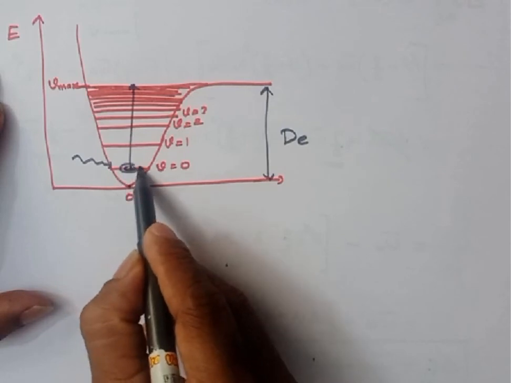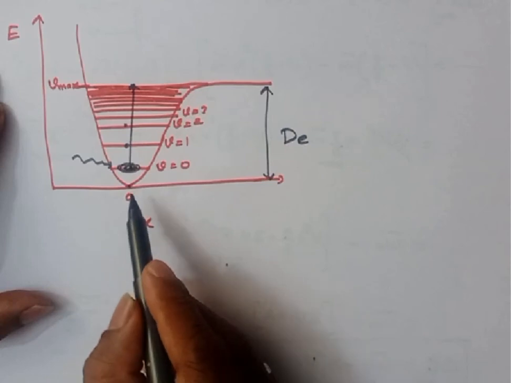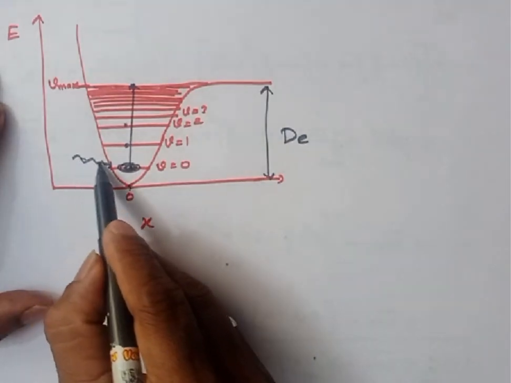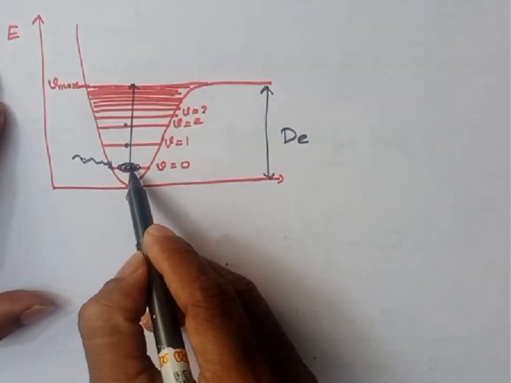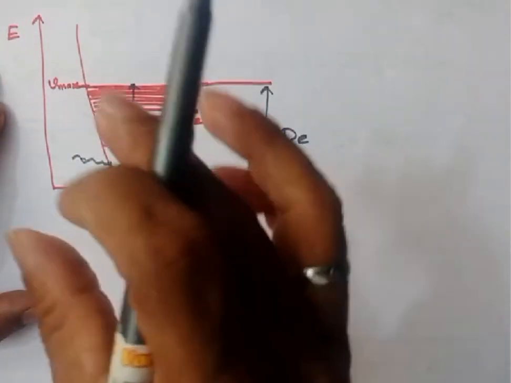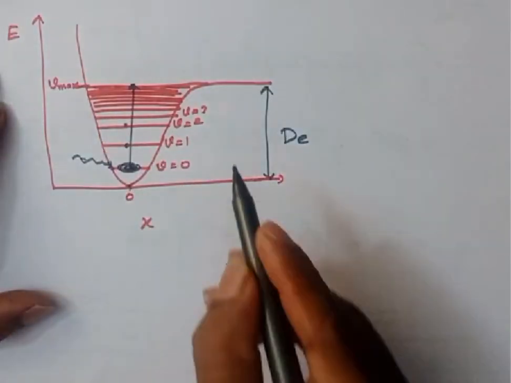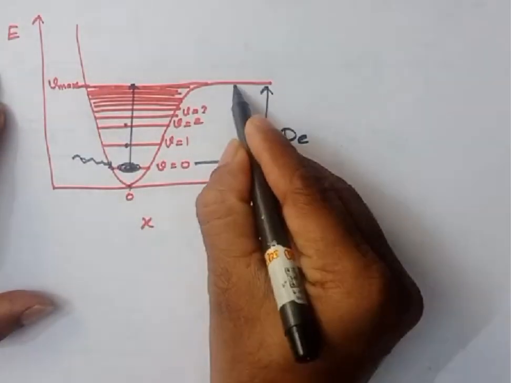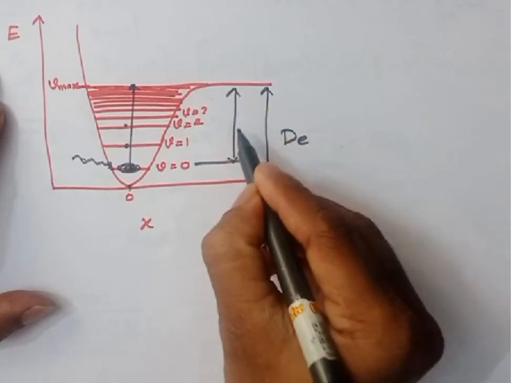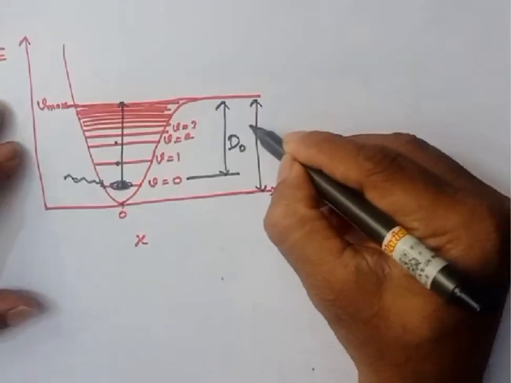So most of the molecules may be here or here or here, like that. The molecule is never here. Therefore, if the molecule absorbs energy from here and reaches this maximum limit and dissociates, you get the spectroscopically measurable dissociation energy, and I am going to represent this gap as D0. What is D0? D0 is nothing but the spectroscopic dissociation energy of the molecule.